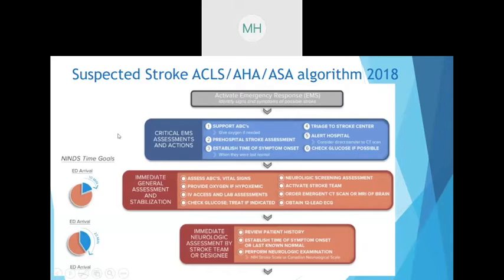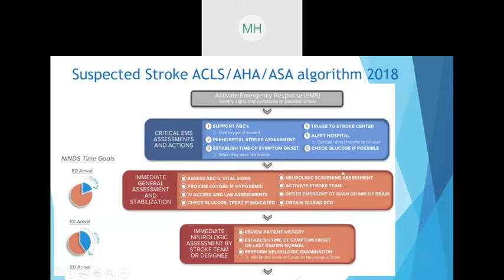Okay, once they arrive in ED, within 10 to 15 minutes, what we have to do is, of course, the usual resuscitation and stabilization, and check the glucose. So what we as EDMO have to do is just do a neurologic screening assessment. We don't necessarily have to do the full NIHSS score because this may take a bit of time. So just do a screening of the neurologic function just to establish a clinical diagnosis of stroke.